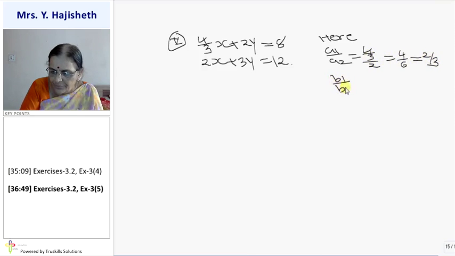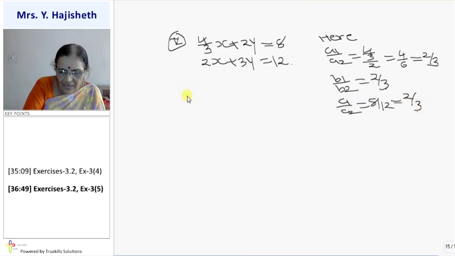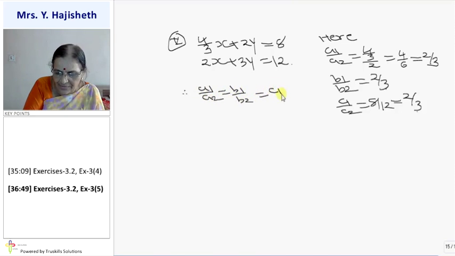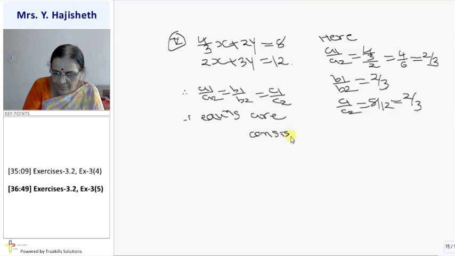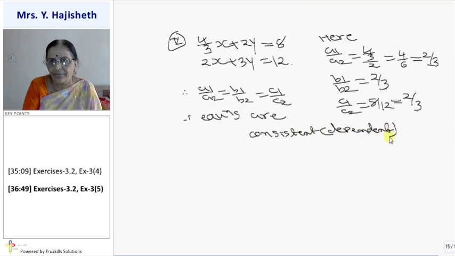B1 by B2 is 2 by 3. And C1 by C2 is 8 by 12, so that is also 2 by 3. Here you get A1 by A2 is equal to B1 by B2 is equal to C1 by C2. Therefore, the equations are consistent. Why? Because they are dependent equations, and dependent equations are always consistent. Clear?